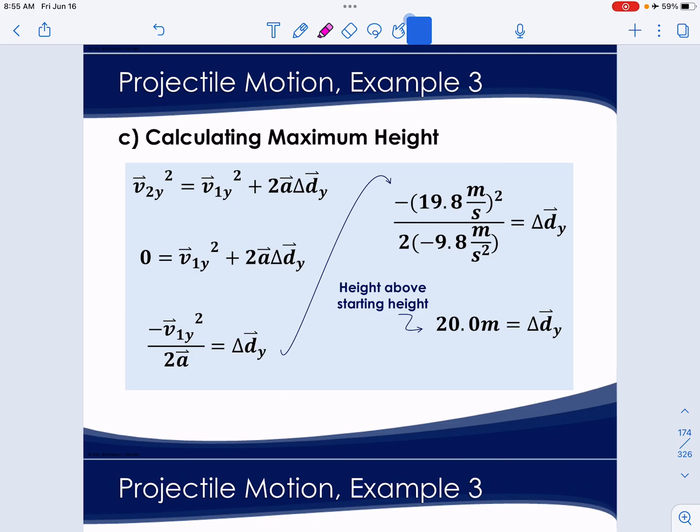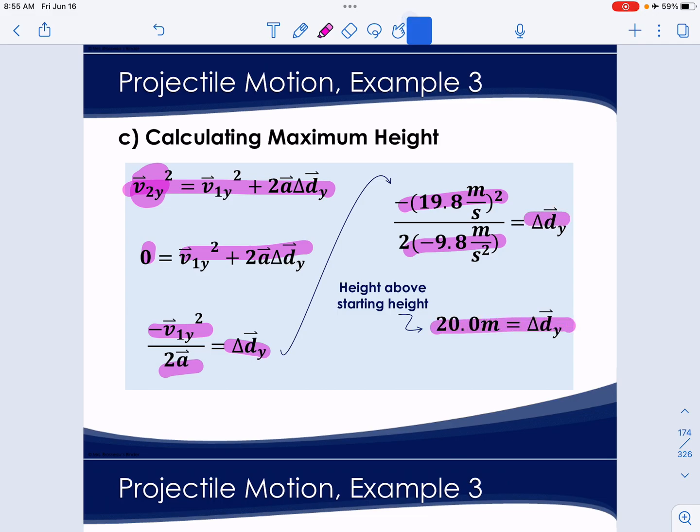Okay, moving on. It's kind of like a marathon. We are now solving for the maximum height. We can use this kinematic equation. At the maximum height, we know that the velocity v2y is going to be 0, which helps us simplify a little bit. You can rearrange and solve for delta dy, plug in the values, and you're going to get 20 meters.